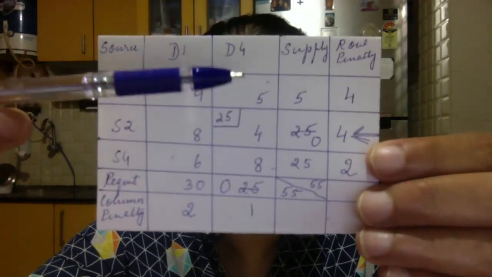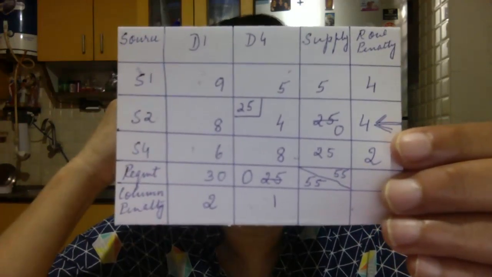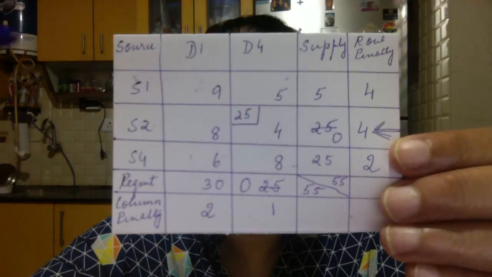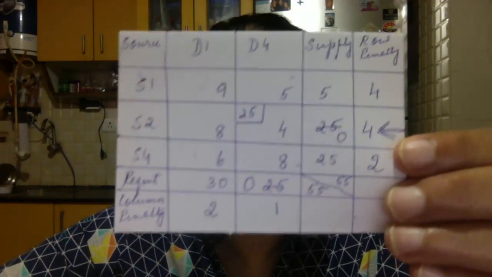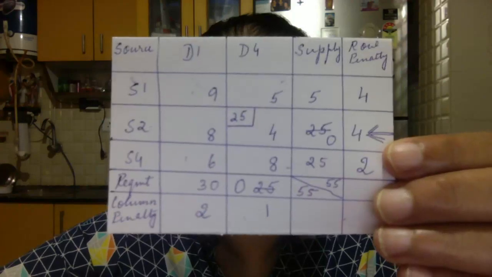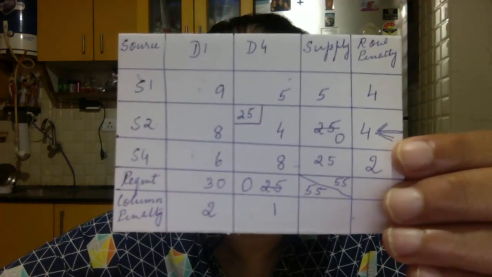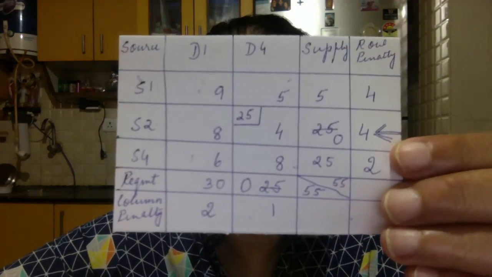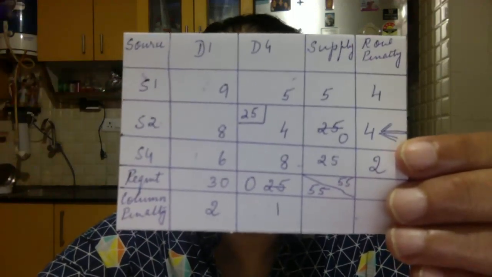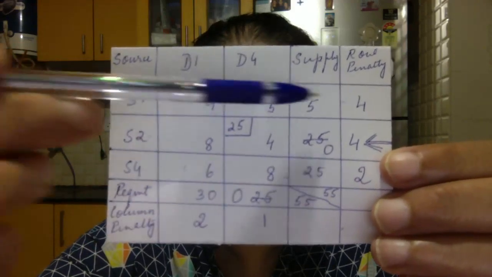Now this whole D4 became dummy. I have only D1 left. Making another matrix doesn't make much sense, so we will allot here only. We will look for allotting to the next row because that was the next best choice.